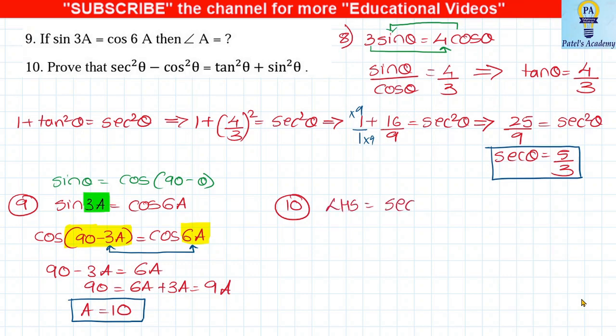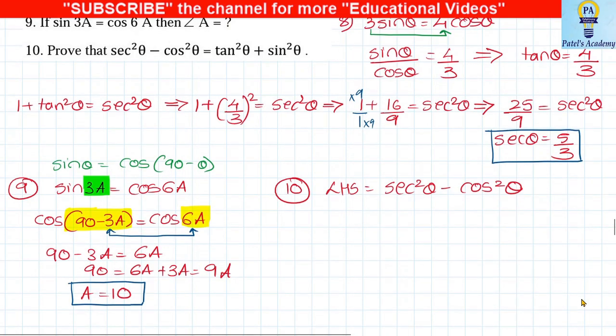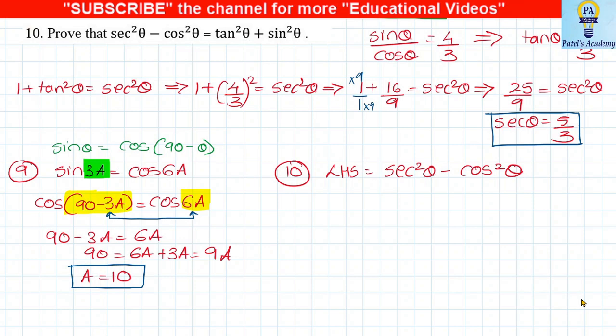LHS equals sec square theta minus cos square theta, and you have to prove that it equals tan square theta plus sin square theta. Let me put two brackets here, bracket minus a second bracket. In each bracket, I'm going to use an identity, for sec square and cos square. The identity is 1 plus tan square theta equals sec square theta.